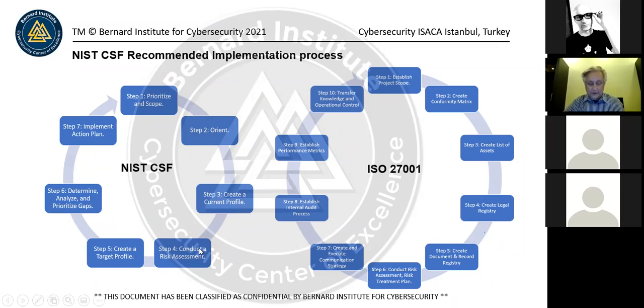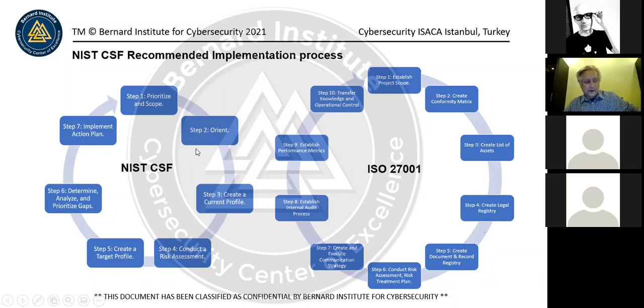So that's the profile that you need to create. And then you need to conduct a risk assessment to see where you are when it comes to infrastructure protection. Create a target profile, which is the star where you're going to be going. So the current profile, current state, future state, classic, determining, analyzing, prioritizing gaps, and implementing an action plan to resolve those gaps.